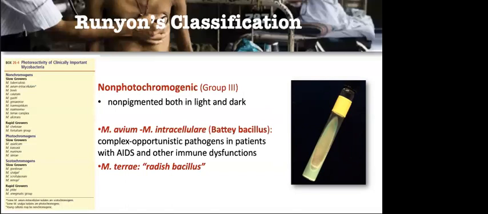So this includes the Battey bacillus, which is also known as M. avium intercellulare, or the avium complex. Very common in people with HIV. And then we have M. terrae, or the radish bacillus, because the first isolates of terrae were taken from radish washings.